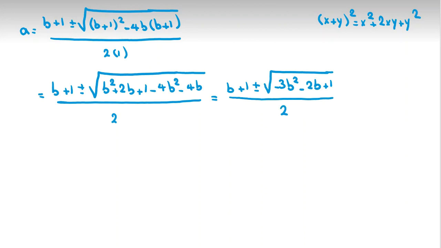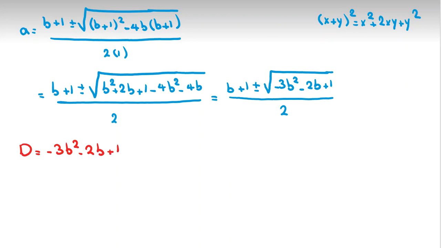All over 2. So, we know because a and b are integers, inside the square root should be non-negative. We call what is inside the square root the discriminant. So the discriminant equal to negative 3b squared minus 2b plus 1.